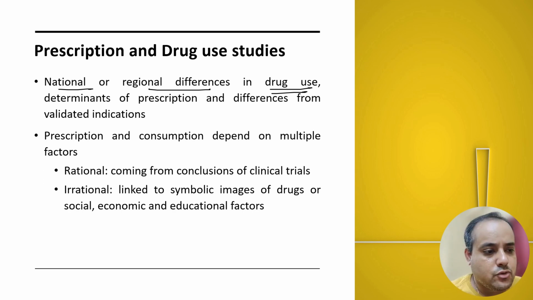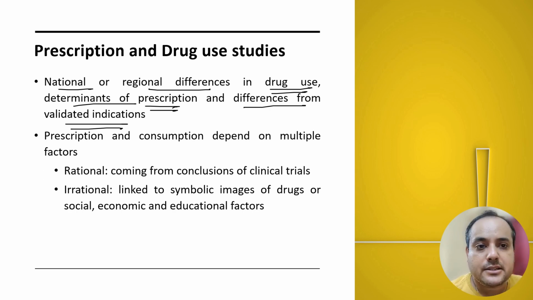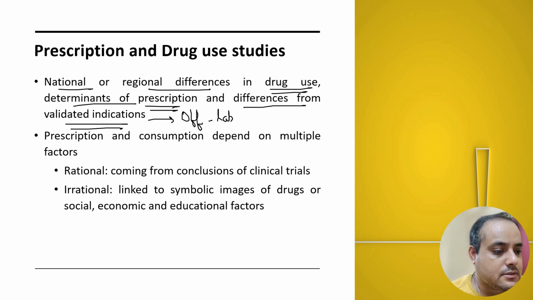Also it looks into what are the determinants of the prescriptions, what are the factors that are actually going into the prescription, right? And also it looks into whether there is any difference from the validated indications, that is, whether or not there is an off-label use of the drugs.